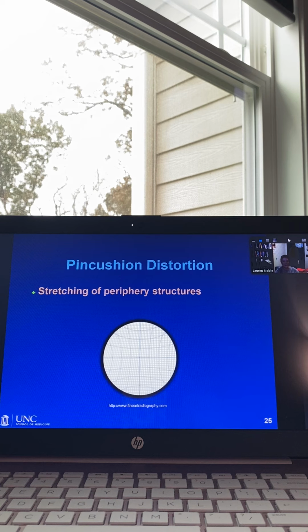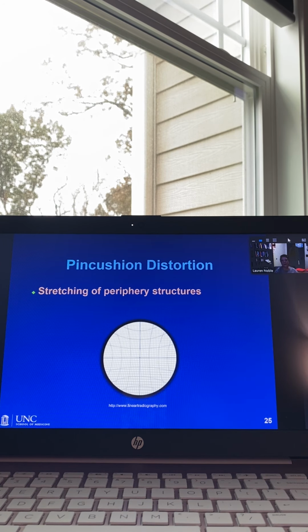You've probably seen it in the imaging suite, and even the old computer monitors that were really, really deep. They're not flat panel monitors like we have now. They're those big, bulky ones. When you look at those monitors, the glass is rounded a little bit. Because those screens are rounded, when the image displays, it kind of stretches the periphery of the structures.